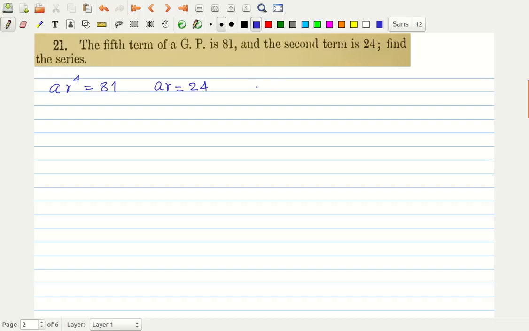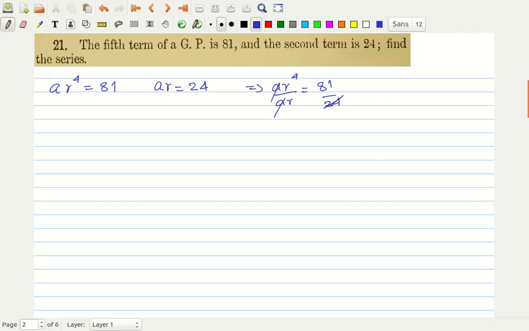So if we divide these two expressions, we get a r to the power 4 divided by a r is equal to 81 by 24, and this a cancels.